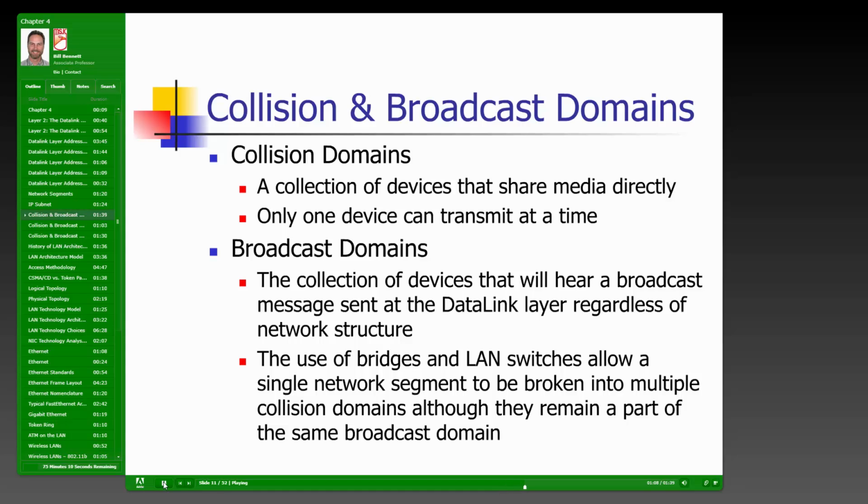So when a device sends out a message with the destination of a broadcast address, all Fs, then all devices that are part of the same broadcast domain will receive that message. The use of bridges and LAN switches allows a single network segment to be broken into multiple collision domains, although they remain a part of the same broadcast domain. In the next couple of slides, we'll show you some graphics to help clear that up a little bit.